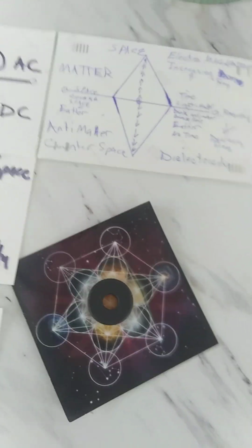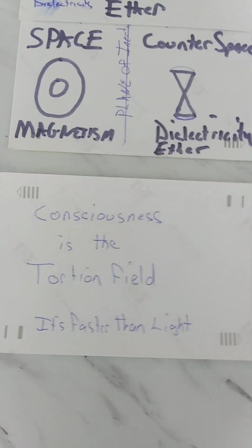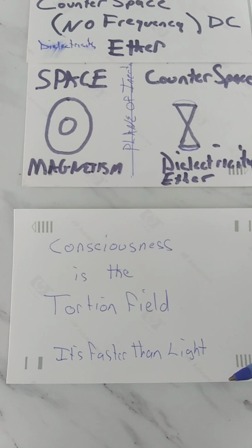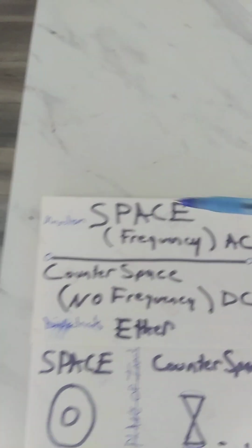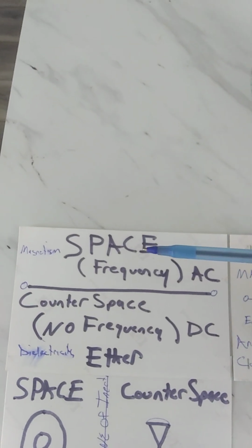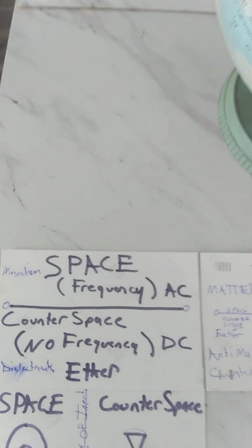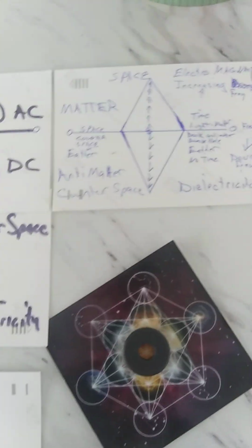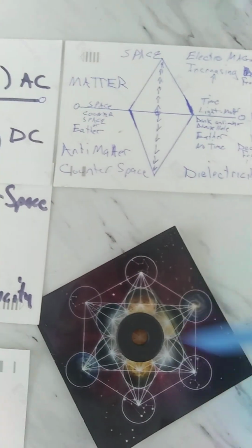That's where your consciousness is coming from, because your consciousness is the torsion field. It is faster than light. It's faster than electromagnetism because it has no wave component. It is Tesla's scalar. Same exact thing. It's using pure dielectricity.